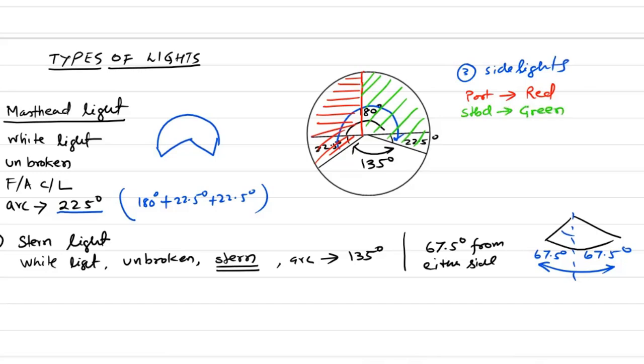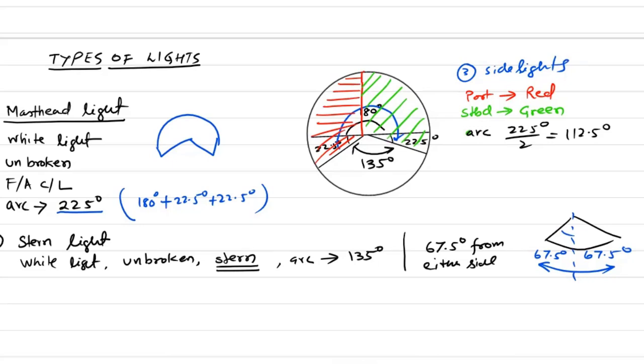So the light color is now not white. It's red on port, green on starboard. Arc of horizon, what will be the arc? 225 divided by 2, 112.5 degrees. Or if you see from the beam, then 22.5 degree abaft the beam on either side.